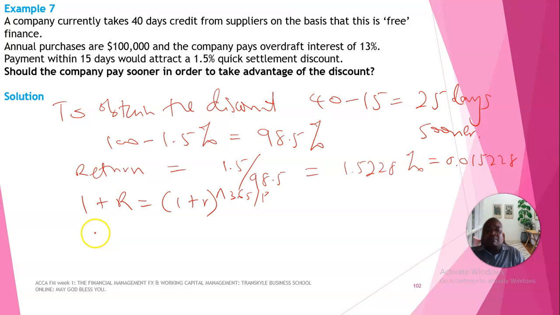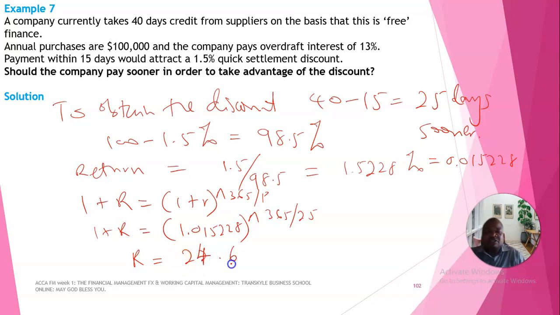So 1 plus r is equal to 1 plus 0.015228, all to the power 365 divided by 25 days earlier. And this comes to r equal to 24.69%. Okay, that's our r.